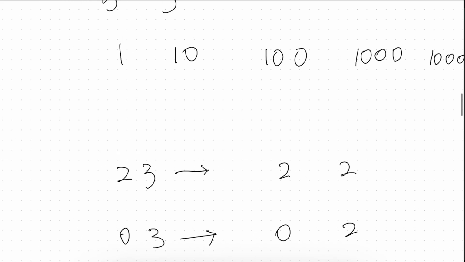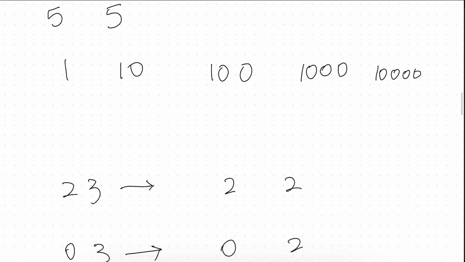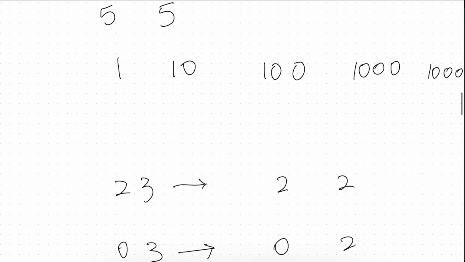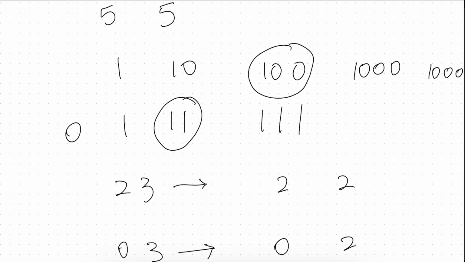But basically with prefix sums, we're going to create a one-indexed array and for each index we're just going to add up all the previous values, or all the total values of the original array. So we have 0, 1 because that's the first one, 11 because 10 plus 1, and then we have 111 because 100 plus 11, and 11 is 10 plus 1.